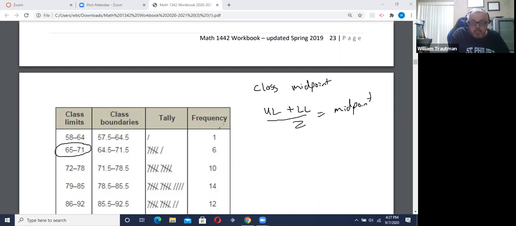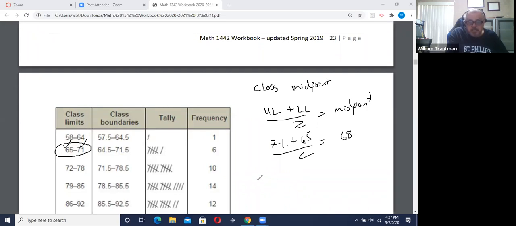The upper limit is 71. The lower limit is 65. Add that up and divide by 2. 136, so it's 68.